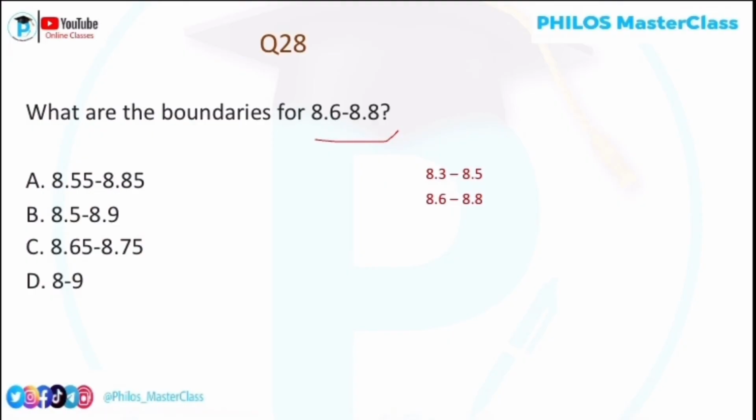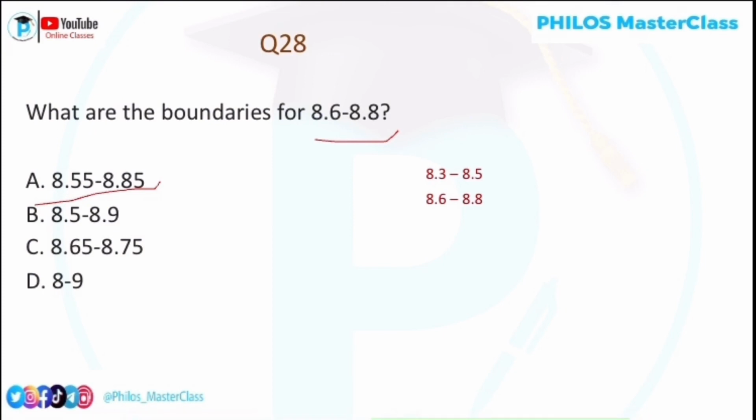So Peter is 8.6 and Paul is what? 8.8. So 8.6 minus 0.05 will give you what? 8.55, isn't it? Then let's add it to Paul. 8.8 plus 0.05 will give you what? 8.85, isn't it? So the correct answer to this is option A. 8.55 to 8.85. That's the correct answer.